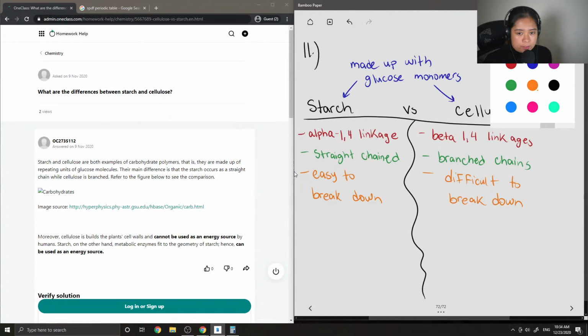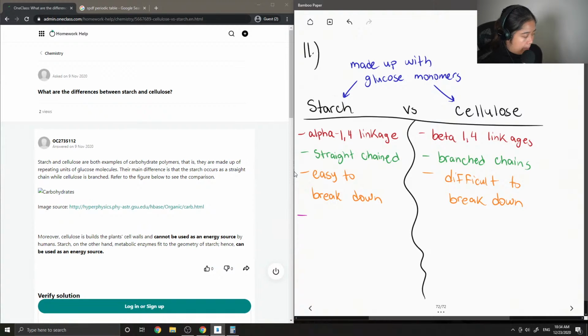And if we were to compare their different functions, in the case of starch, we use this for an energy source, so energy source for humans.